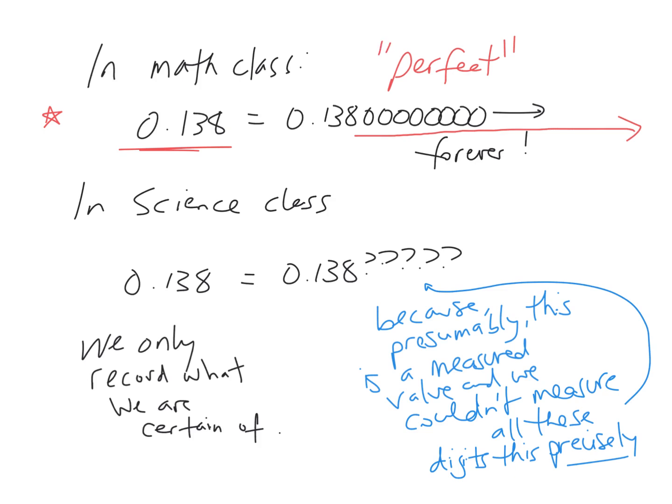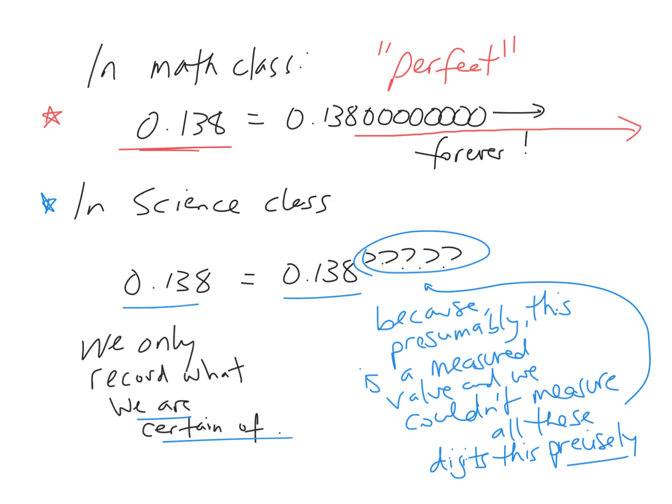Whereas in science class, we have to presume that we only record what we are certain of to a certain degree. So in science class, 1.38 means 1.38, and then we don't know what comes after that 8, because presumably this is a measured value, and we couldn't measure all those digits of precision beyond, in this case, the thousandths place value.